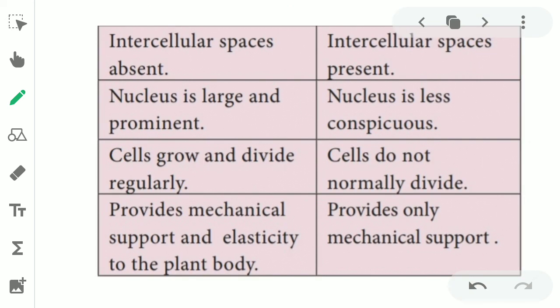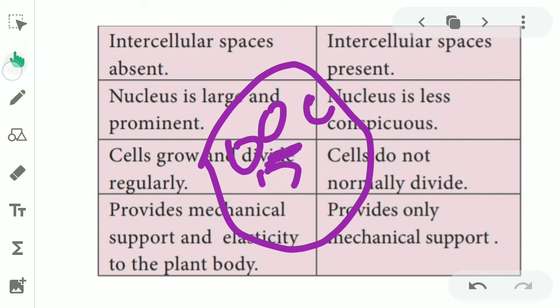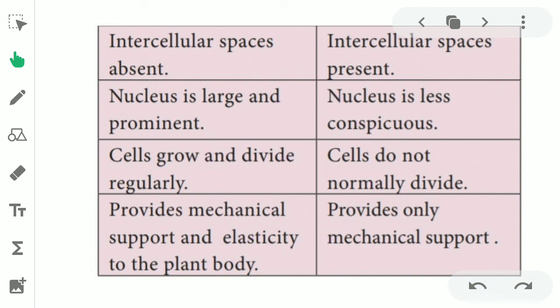In meristematic tissue, intercellular spaces are absent. Intercellular space is the space between the many cells. In permanent tissue, intercellular spaces are present. In meristematic tissue the nucleus is large and prominent; in permanent tissue the nucleus is less conspicuous.